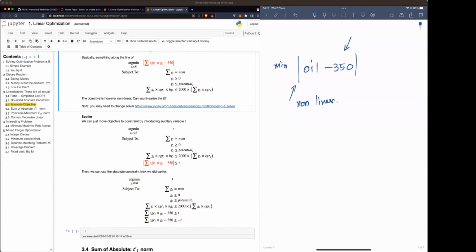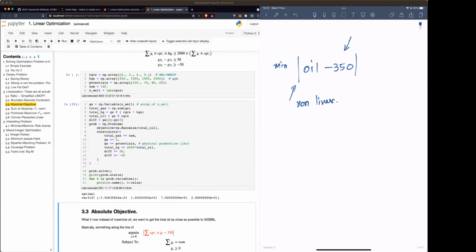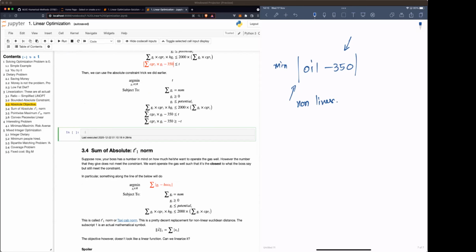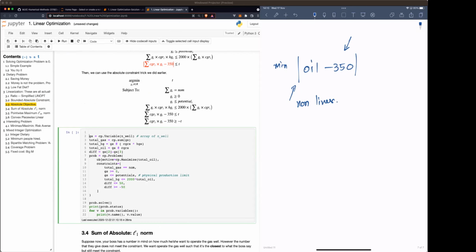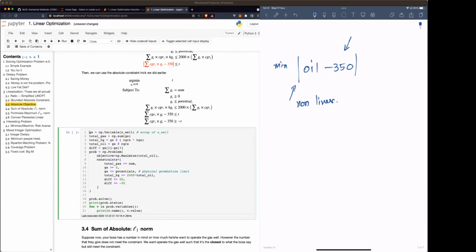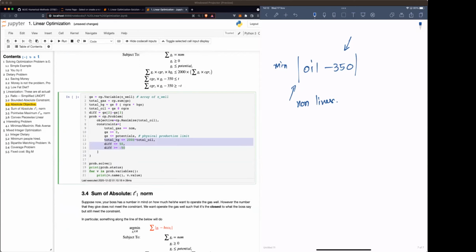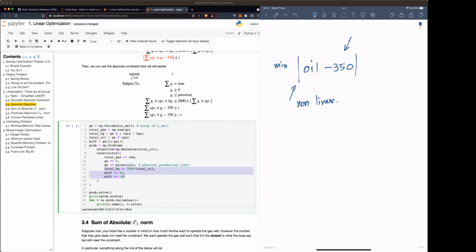So let's do this. Before that, I want to show you some really cool thing. Let me get rid of these two about the diff, because we don't care about the diff anymore.